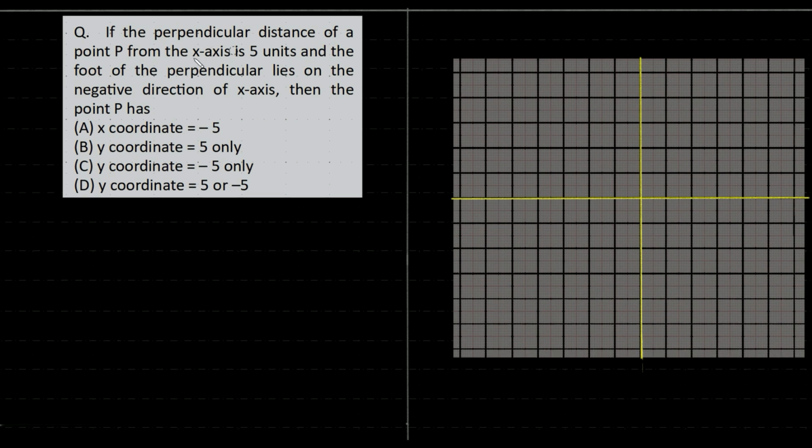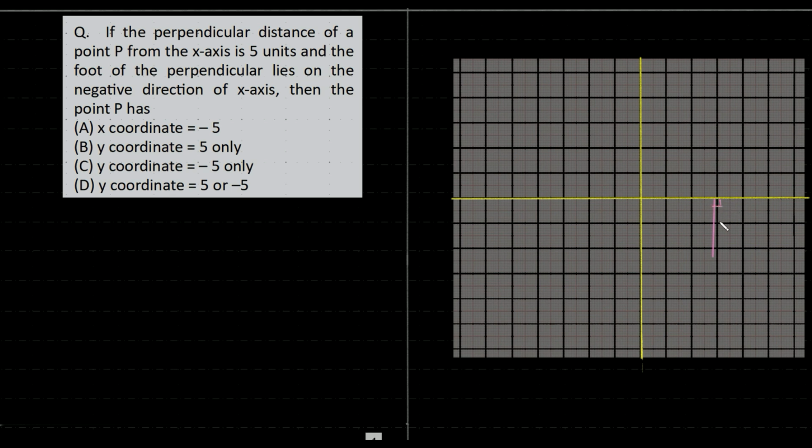If the perpendicular distance of the point P from the x-axis is 5 units and the foot of the perpendicular lies on the negative direction of the x-axis, then the point P has dash. What do you think the answer is? Perpendicular distance is something like this.